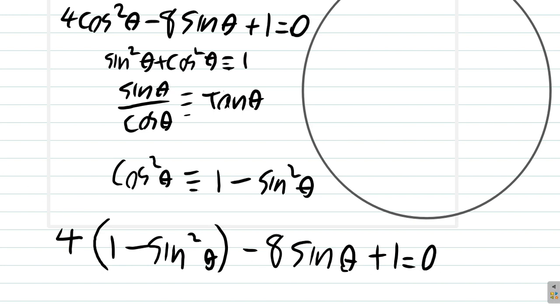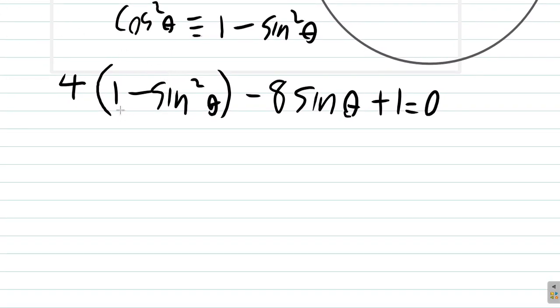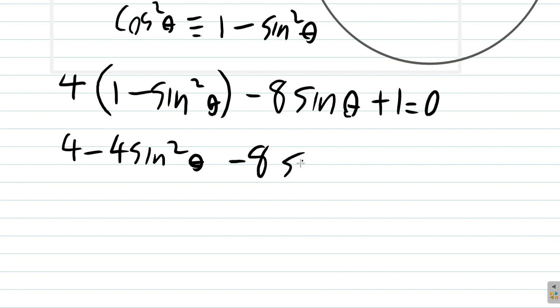Alright. Now what will happen after? You multiply the bracket by 4. So you have 4 minus 4 sine squared theta minus 8 sine theta plus 1 equals 0.